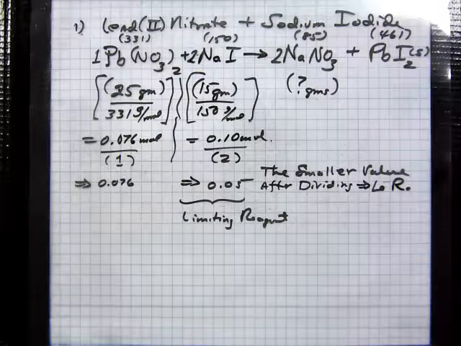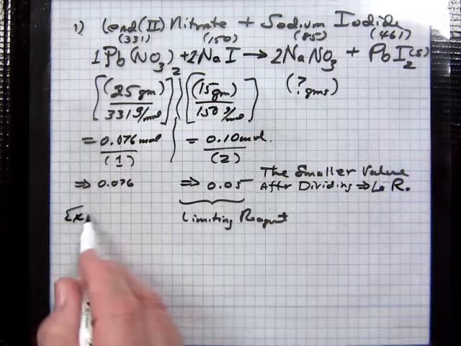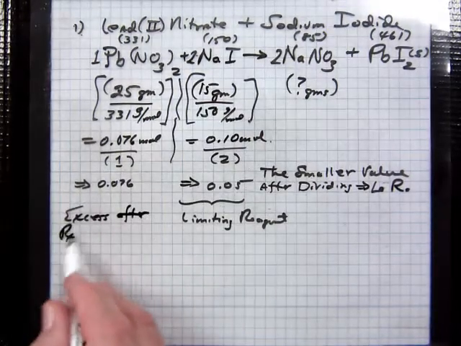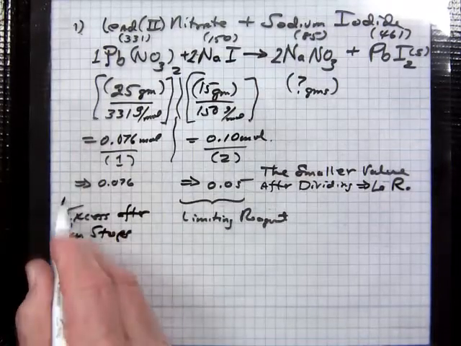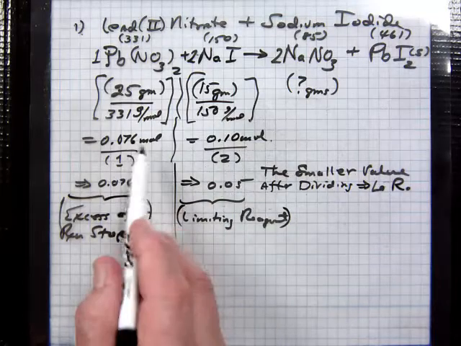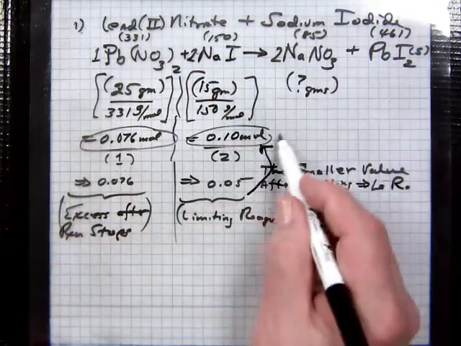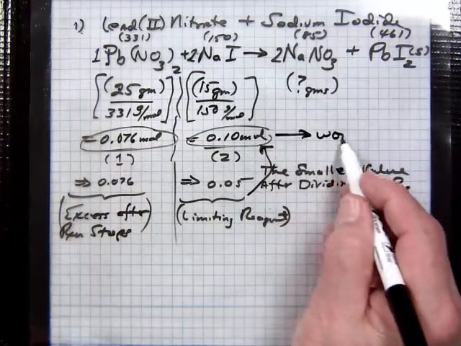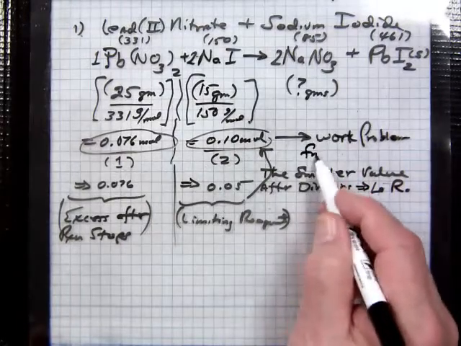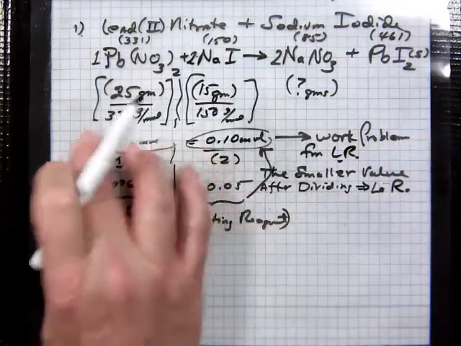We'll show you that in a minute. So if this is a limiting reagent, this will be in excess after the reaction stops. But you have to go back up here and pick out the limiting reagent mole and work the problem from here. I shouldn't have put the circle around that one.